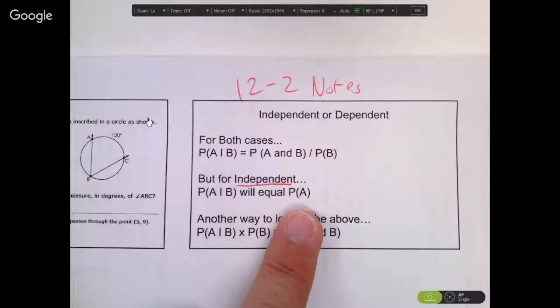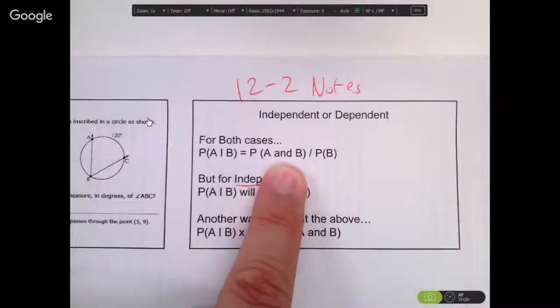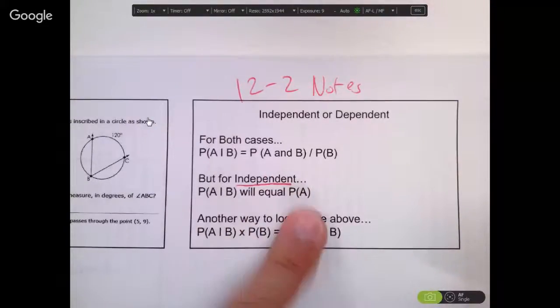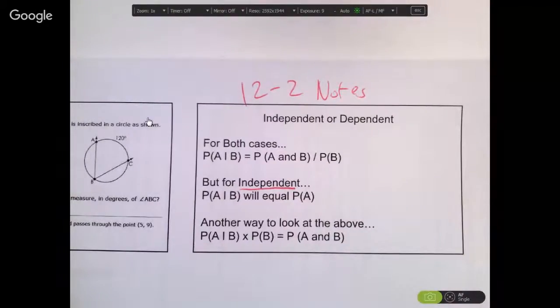That's how you know if something's independent. If I do this formula up here, and it gives me the same as the probability of A, then that means it's independent. It's a test. If they are different, then it's dependent, or not independent. If B is affecting A, then it's going to have an effect on the probability.